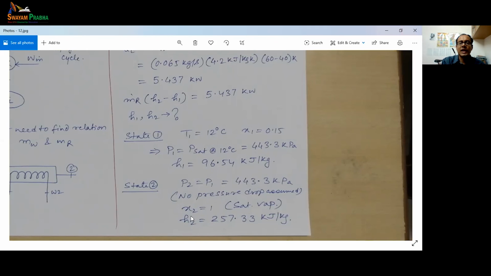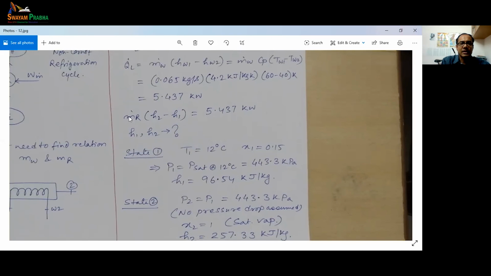So H2 will be nothing but Hg at this particular saturation pressure, 443.3 kilopascal, right? So H2 will be 257.33 kilojoule per kg. So now we know H1 as well as H2, so we can find M dot R, because H1, H2 we know, and the right hand side Q dot L we know.